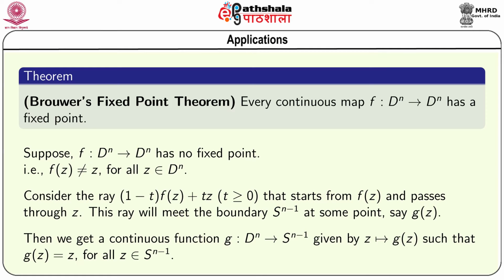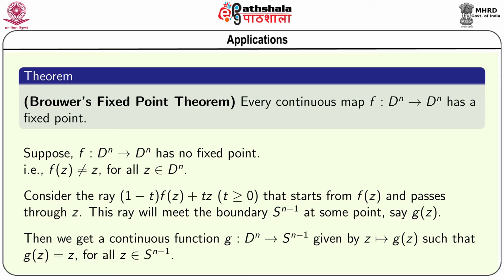Suppose f is a function from Dn to Dn which is given to be continuous, and assume that it does not have any fixed point. That is, for every z taken from Dn, f(z) must be different from z. Now, we consider the ray (1 minus t) f(z) plus t z for t greater than or equal to 0, that starts from f(z) and passes through z.